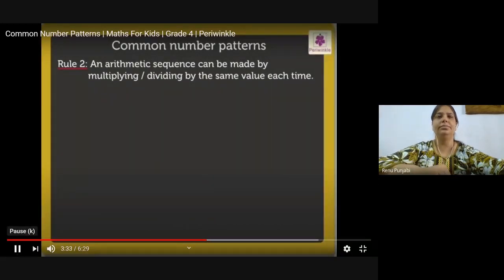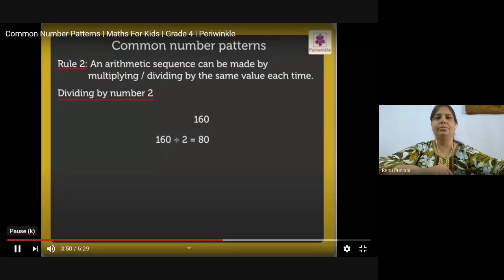Now let us see how to get an arithmetic sequence by dividing the given number by 2 each time. Let us take the number 160. On dividing 160 by 2, we get 80.